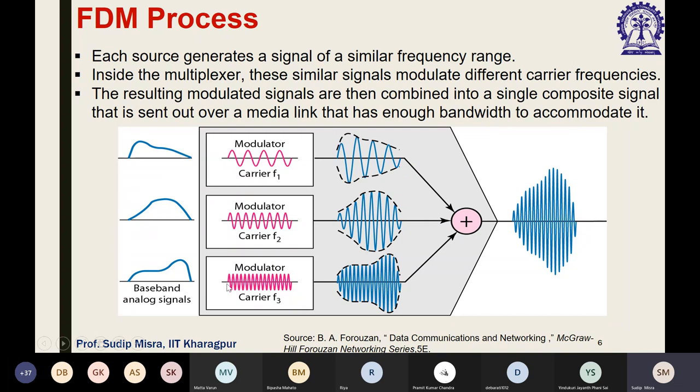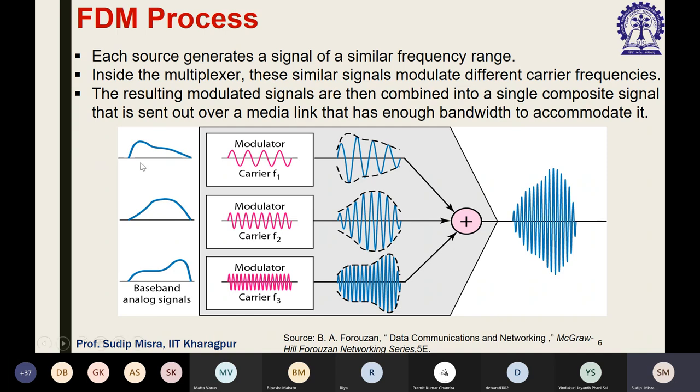This is how frequency division multiplexing is going to work. Let us say we are talking about some baseband analog signals. Every source generates baseband signals which are analog in nature. These signals are put inside the multiplexer.